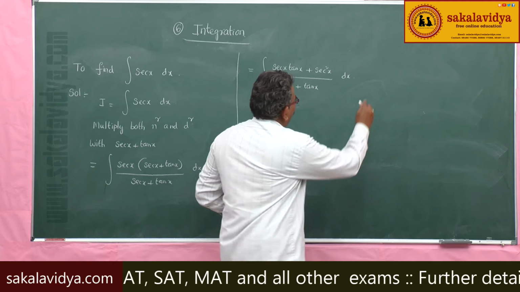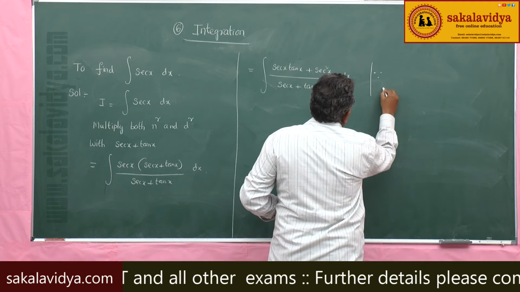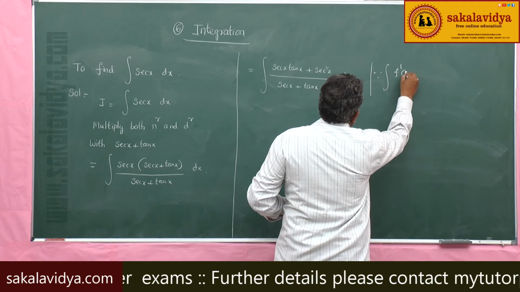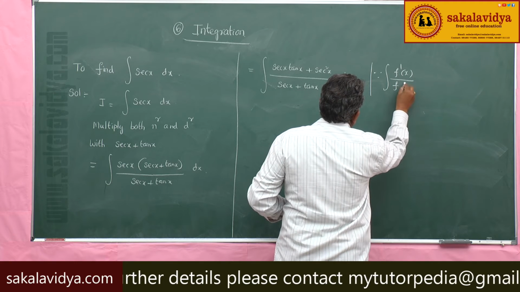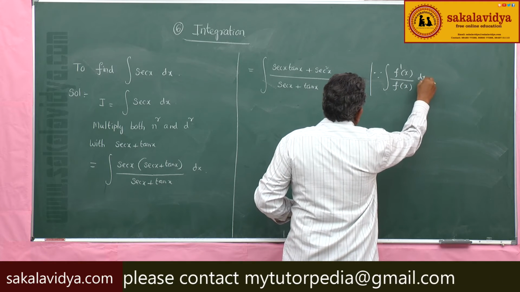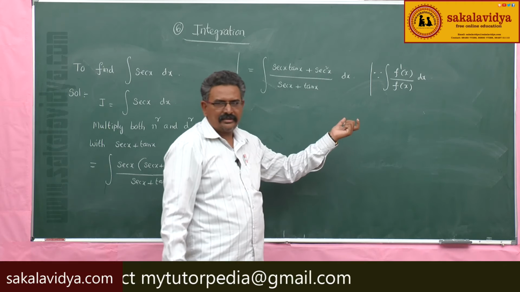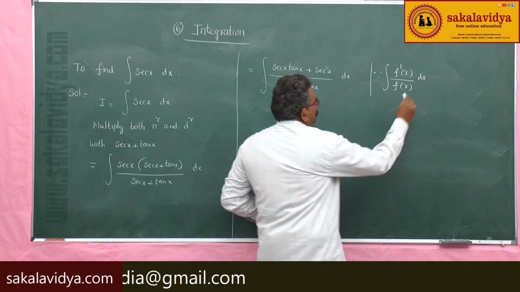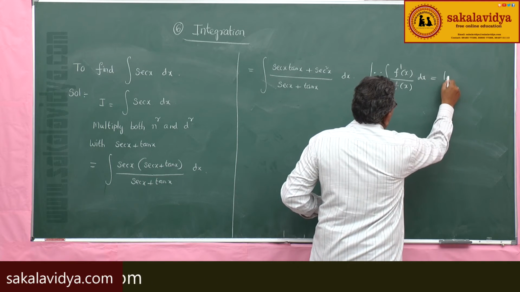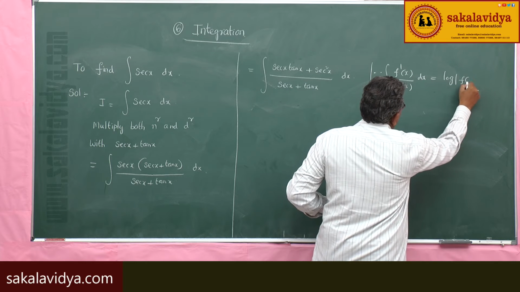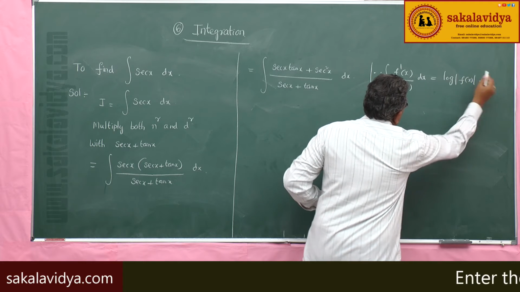So, this is in the form of integral f dash x by f of x dx. In earlier sessions already we have discussed this formulae. So, this equals to log mod f of x plus constant of integration.